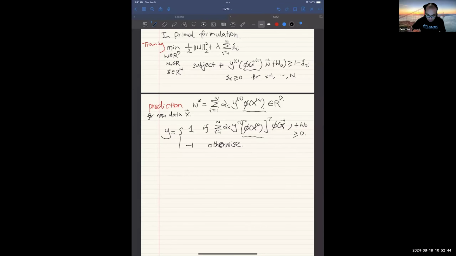Okay, and we also mentioned the dual formulation. This is basically very similar, but we just changed the features from x into phi of x. So in terms of training, this is training.